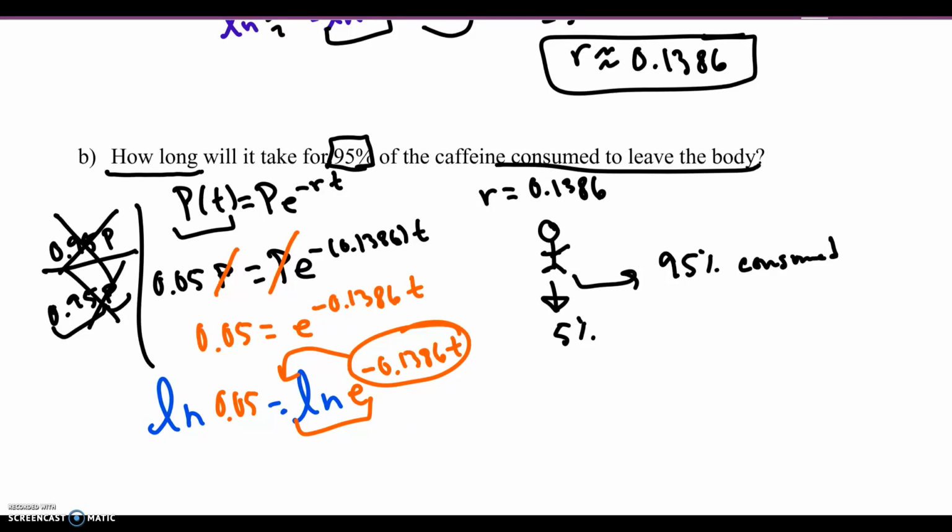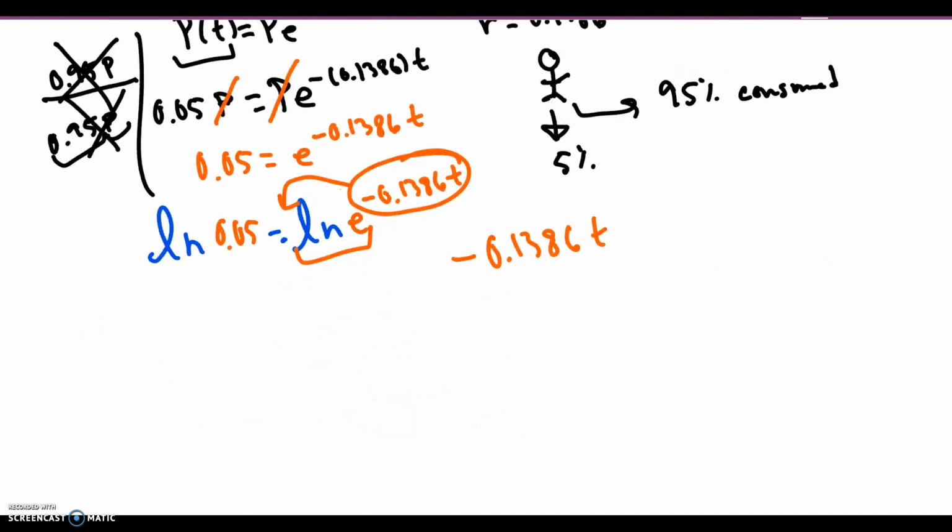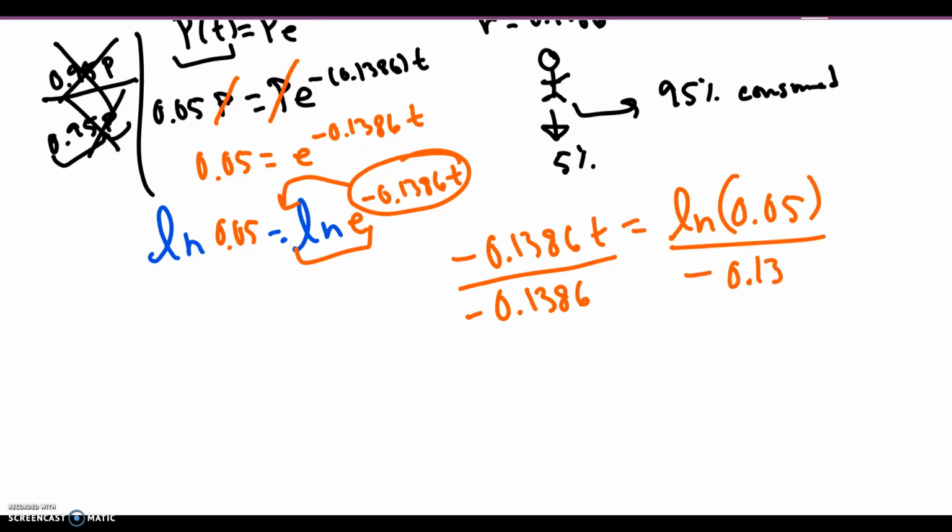So I'm left with negative 0.1386 times t is equal to ln of 0.05. Now let's divide by negative 0.1386, and that should give us the time. The time is ln of 0.05 divided by negative 0.1386, and what I get approximately is 21.6.